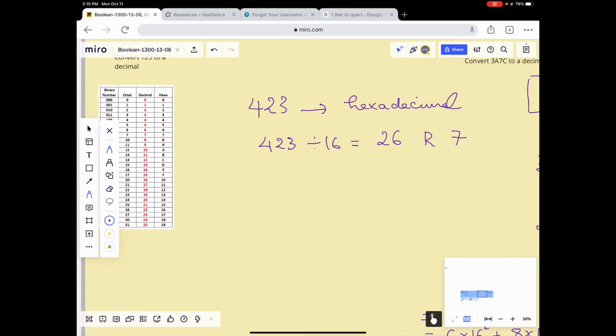And you keep going, repeat the same process. You take 26, divide by 16, you got only one time, and the remainder is 10. And then you got 1 divided by 16 equals 0, and remainder equals 1.